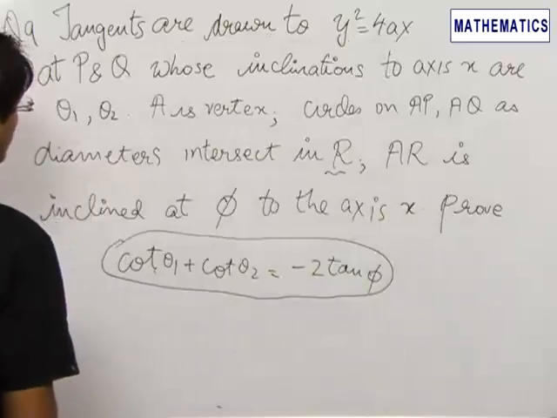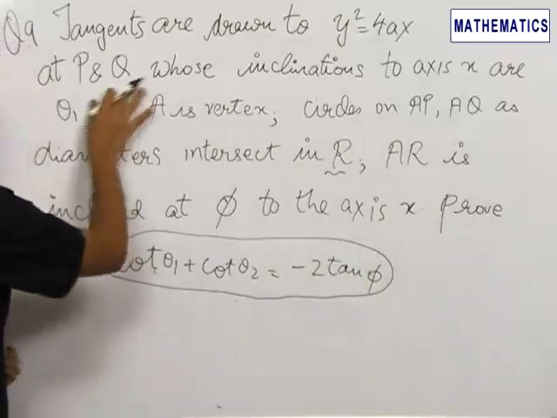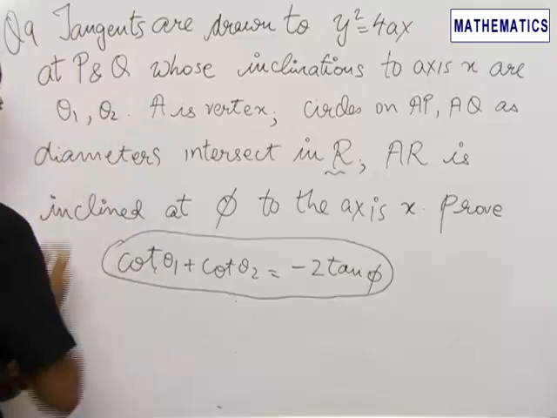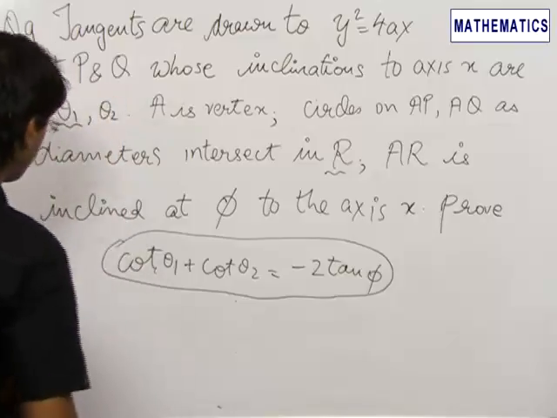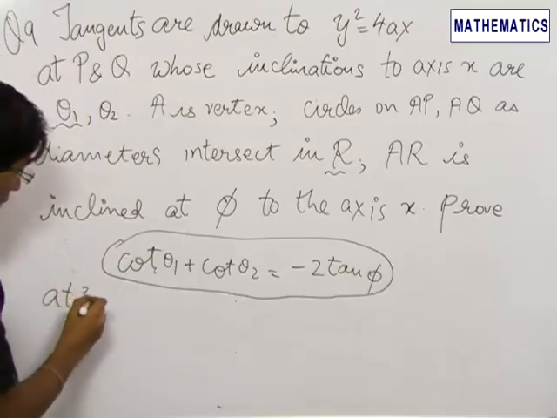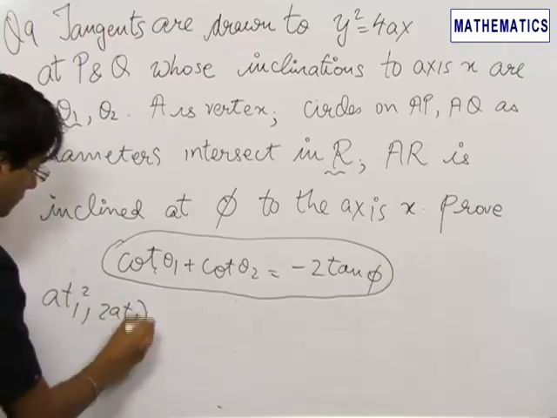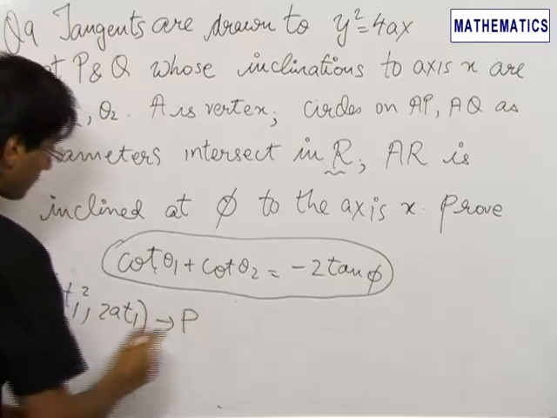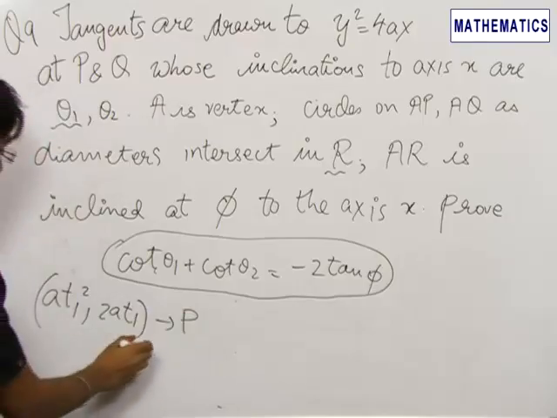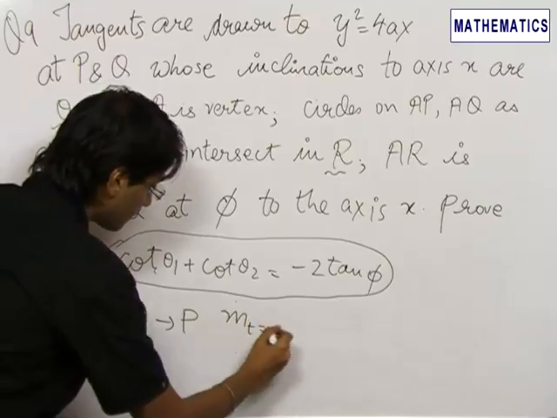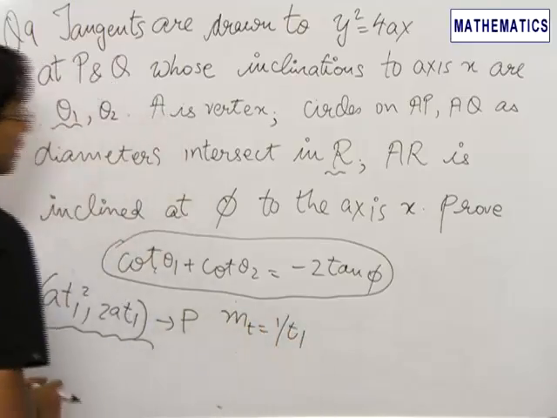First of all, it is given that the tangent at P is having an inclination of theta 1, and we know that on any point a t1 square comma 2a t1, let's say this point is P, we know that at any of this point, if a tangent is made, then the slope of tangent is 1 upon t1.